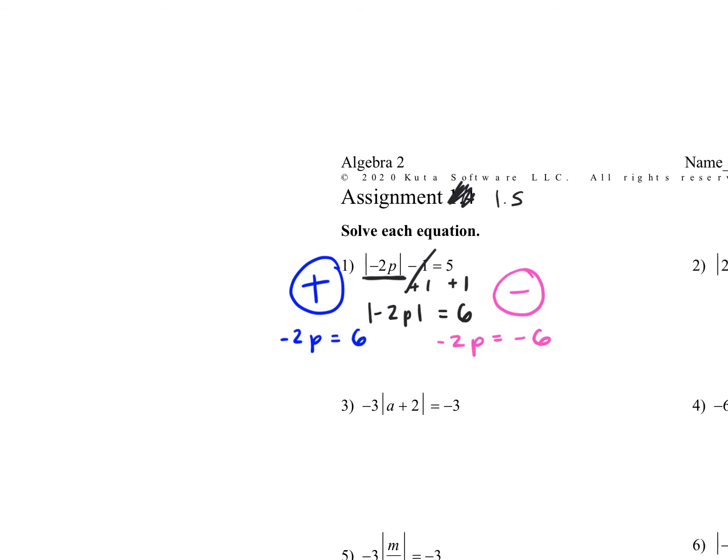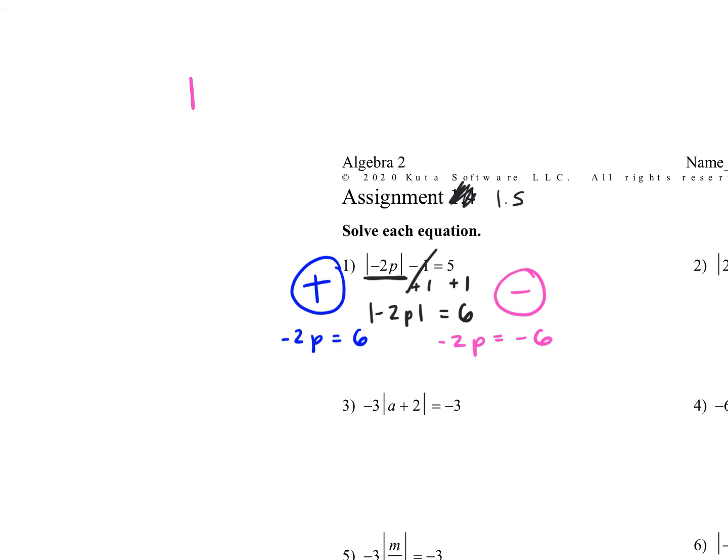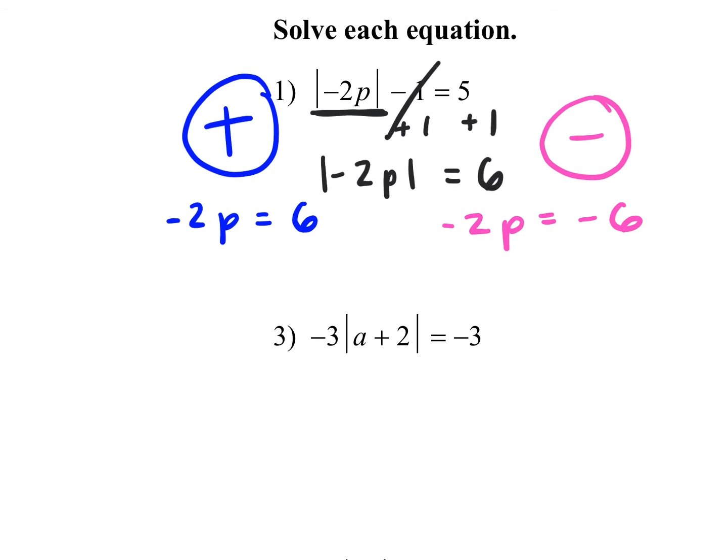Because if I took the absolute value of 6, that is 6. If I took the absolute value of -6, that is also positive 6. Because the absolute value makes whatever's on the inside positive. So I have to do the negative version and the positive version. And then just solve normally.